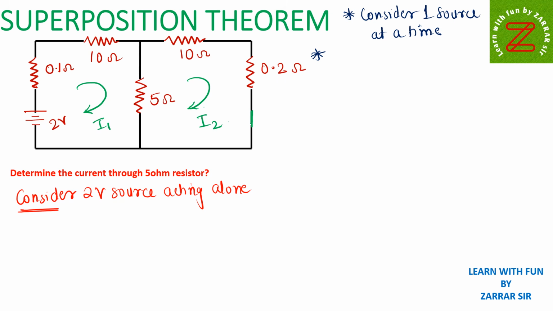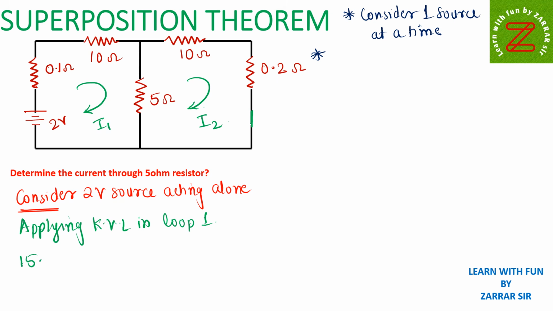Now if you apply KVL, you know the shortcut of KVL, which you have already learned. You have to add all the resistance in the loop. So I'm applying KVL in loop 1. 10 plus 5 plus 0.1 is 15.1.